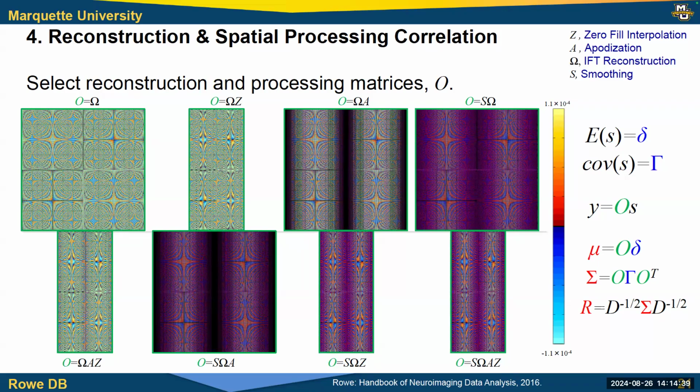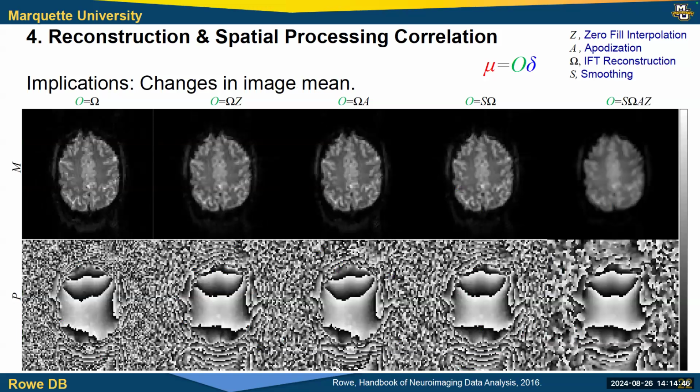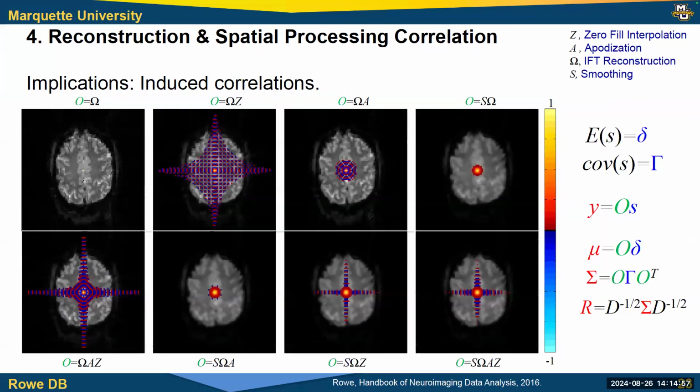And you can look at what the induced correlation is from this process. And so we can look at how it changes our image from the original image to how it blurs it, right? Make sure you look at your EPIs, the original images, magnitude and phase here. But also what happens is it induces this local correlation between your voxels from these different processes, right? From nothing all the way down to doing all those processes I described. And there's many, many more.